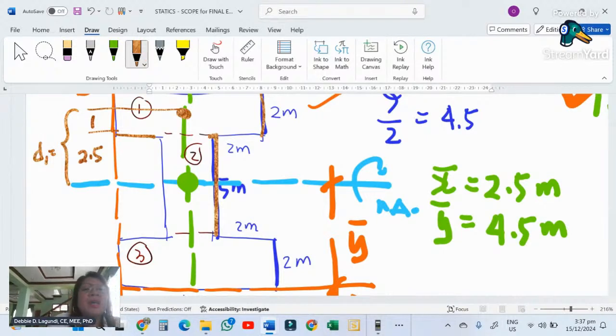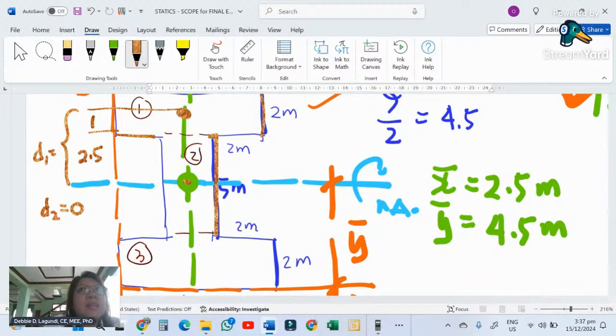Okay? Our D2 is exactly here. There's no transfer because it is exactly on the neutral axis. So D2 here is 0 because the CG of rectangle 2 is where the neutral axis is.